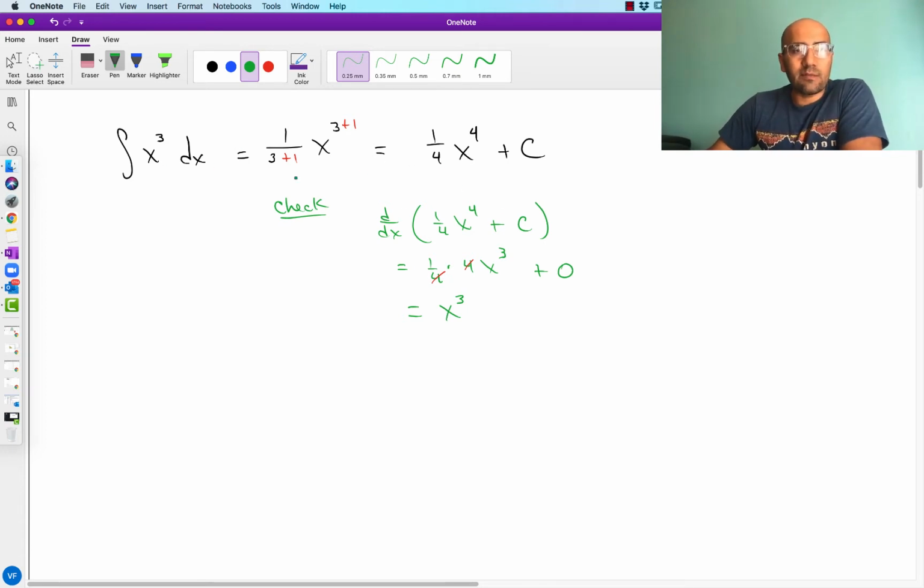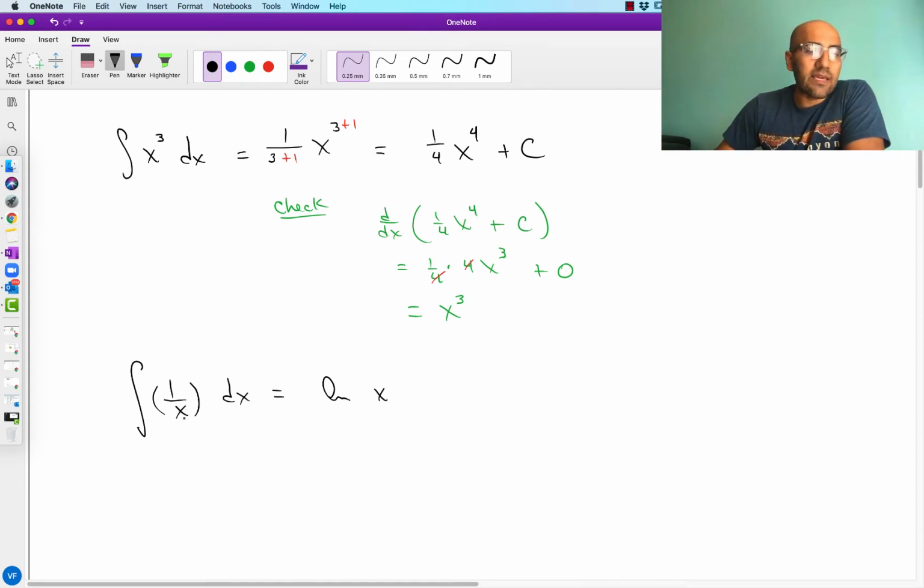Okay, so by now that's a pretty straightforward one. We could also work with something like the integral of 1 over x dx. That's also a pretty straightforward one. If we remember our rules of differentiation, we know that the natural log of x is a function whose derivative is 1 over x. We just have to be careful to qualify it, because when you see 1 over x, there's nothing stopping x from being a negative number.